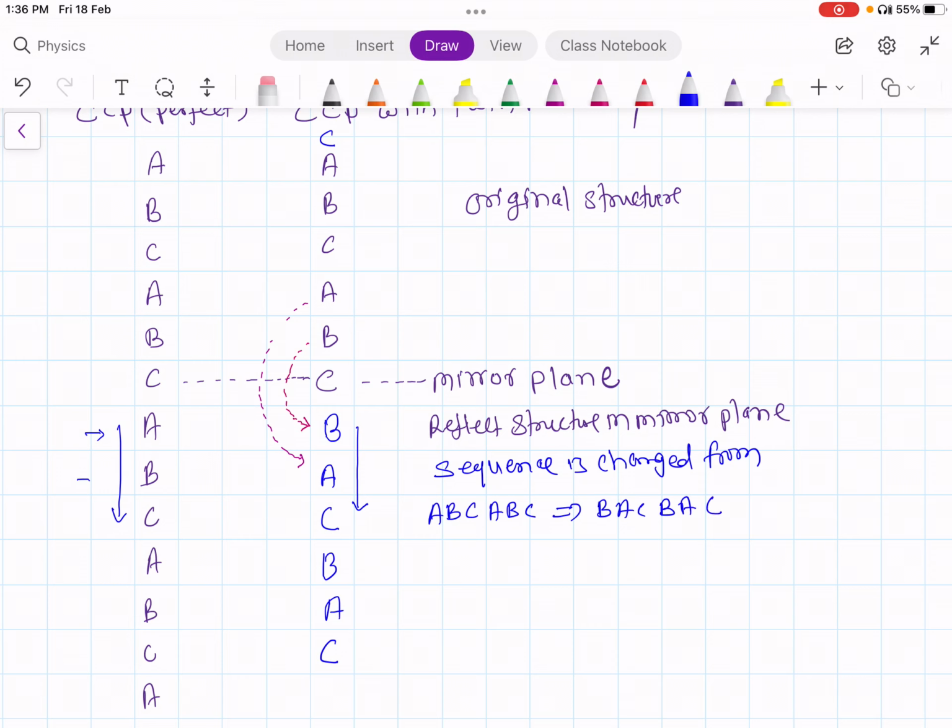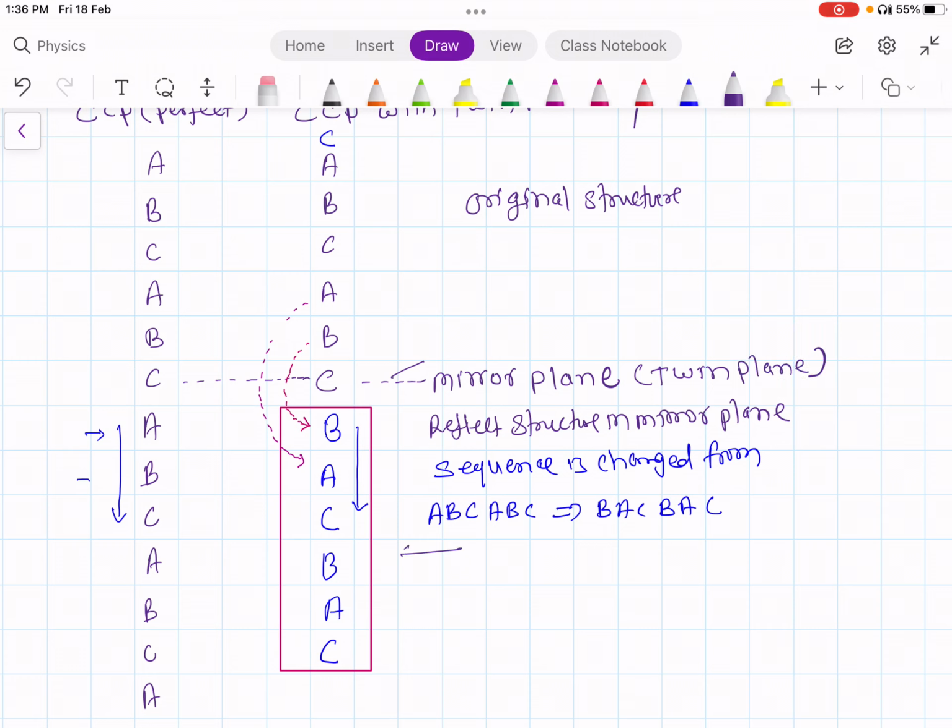So this is the block which is actually the mirror image. The block is a mirror image of the crystal above the twin plane. So this mirror plane is called the twin plane.